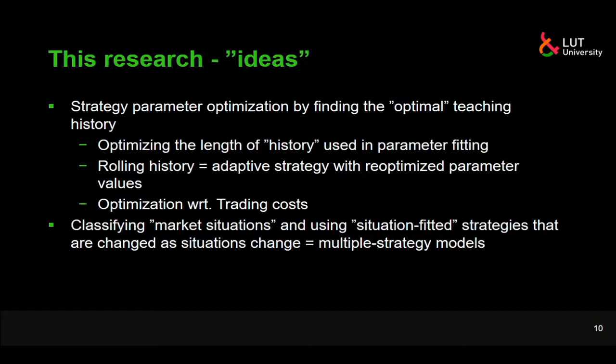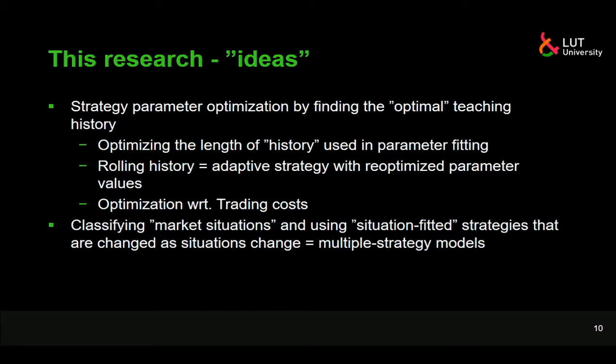So when time moves on, we are always reteaching our strategy, reassessing the parameter values and optimizing them as we go along. And I didn't see a paper that had done that either. Probably in the real world, in the investment banks, they're doing that already, but I haven't seen any academic papers on that.